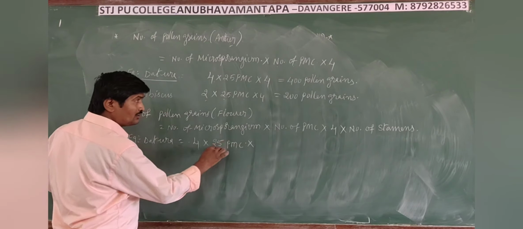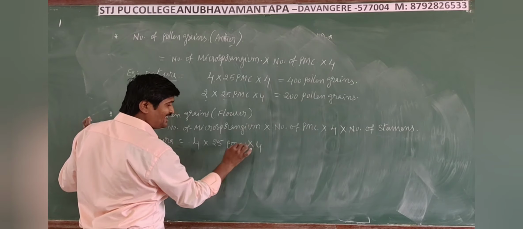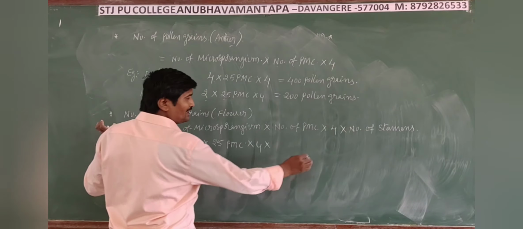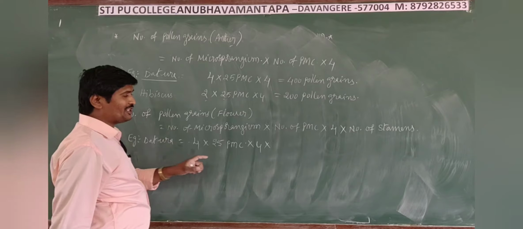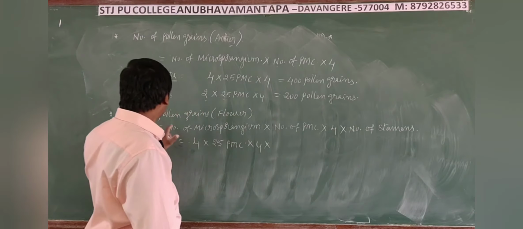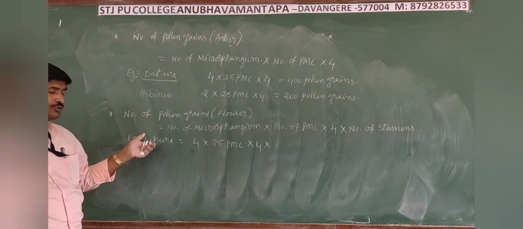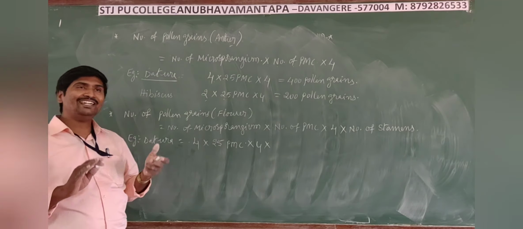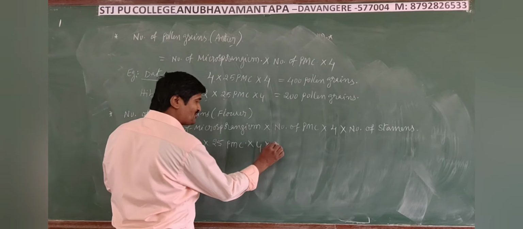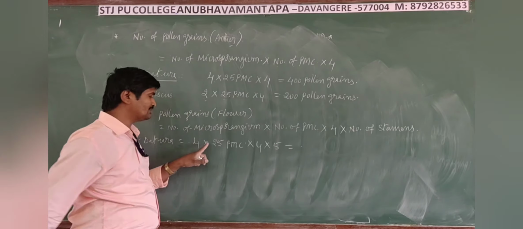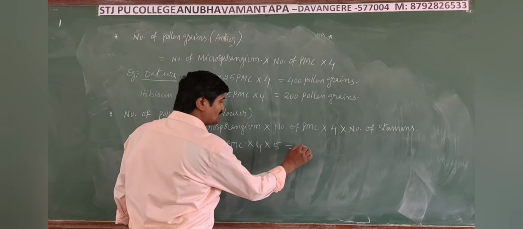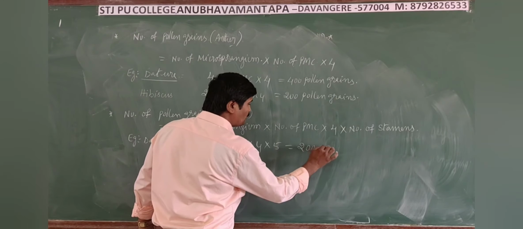Next, 4, each pollen mother cell gives rise to 4 microspores, into the number of stamens. Datura belongs to the Solanaceae. In Solanaceae plants, each flower contains a total of 5 stamens. That is 100, 400, that is total 2000 pollen grains.